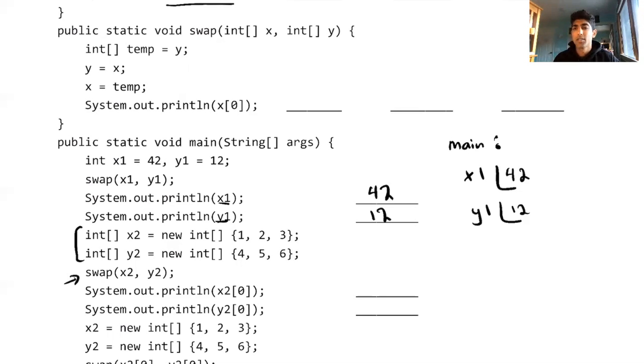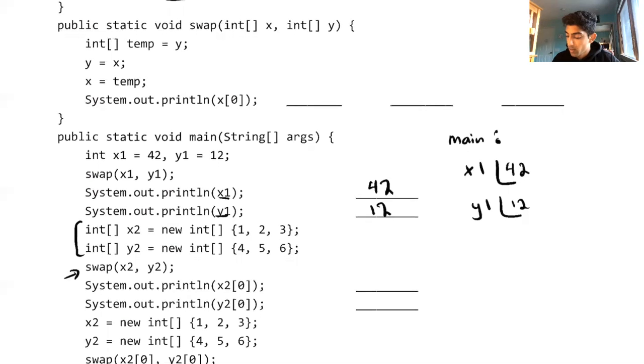So how does it work with arrays? When we set the x in the scope of this different swap function to equal x2, we're setting x to be the value of x2. But what is the value of x2 if x2 is an array?